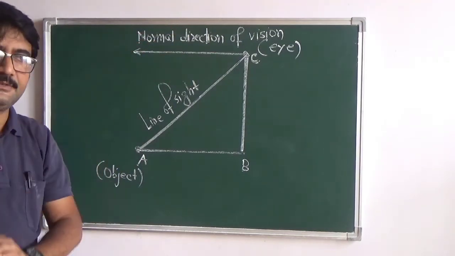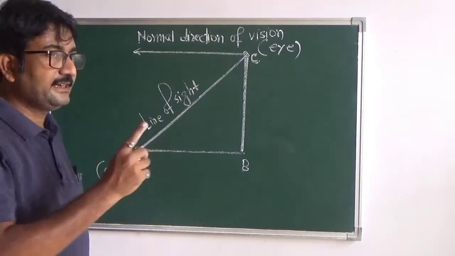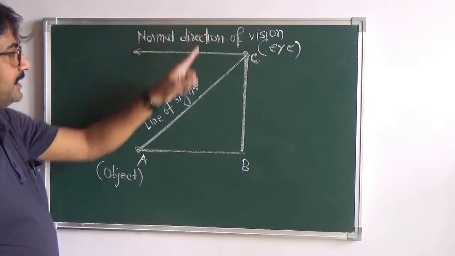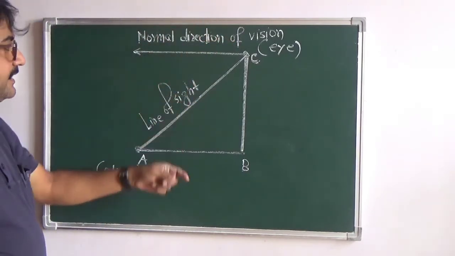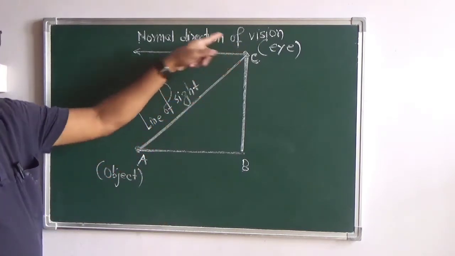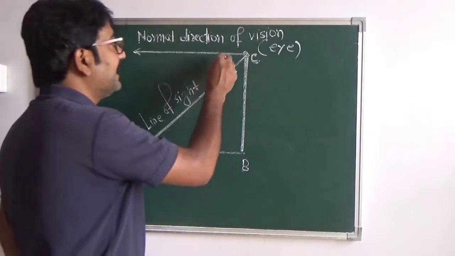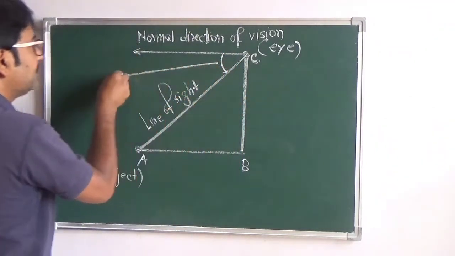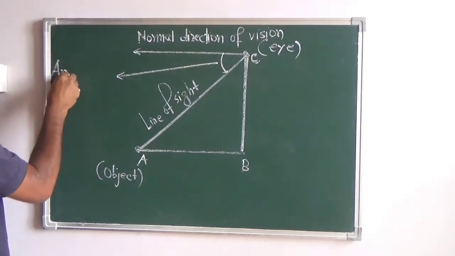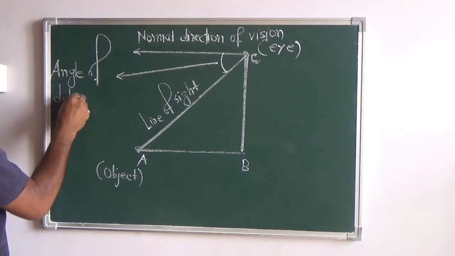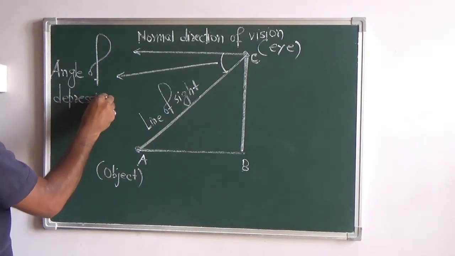Now according to the definition, the angle is always formed with the normal direction of vision and the line of sight. So which is the angle which is formed between the line of sight and the normal direction of vision or the horizontal? So here the angle is this one. This angle is called the angle of depression.